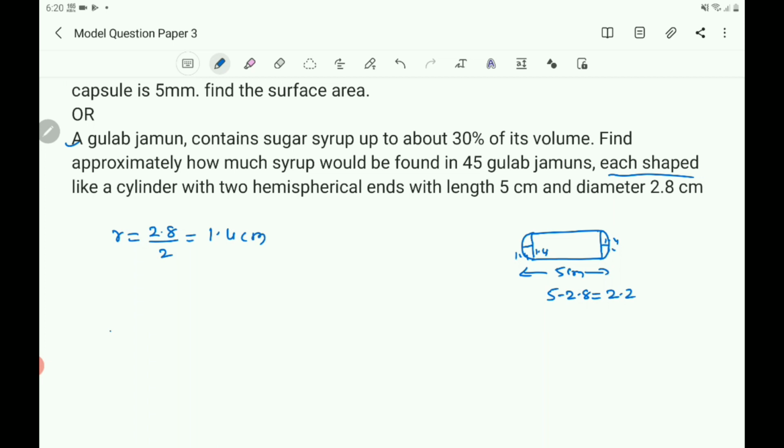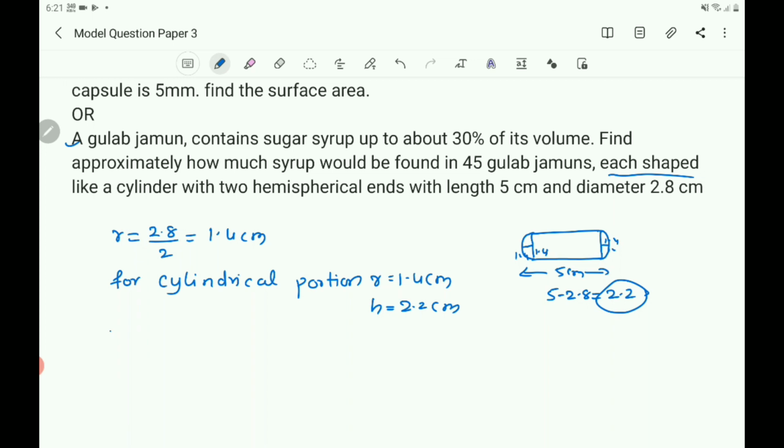That is the same for both cylinder and hemispherical portion. For the cylindrical portion, R is the same, 1.4 centimeter, and H is nothing but the length, that is 2.2 centimeter.